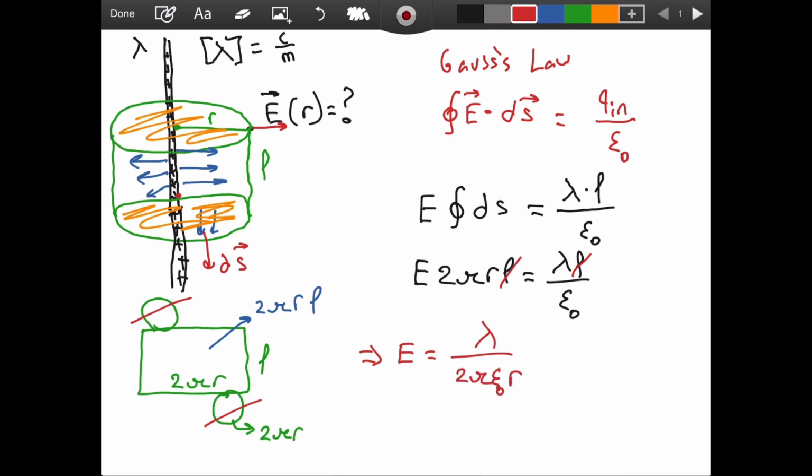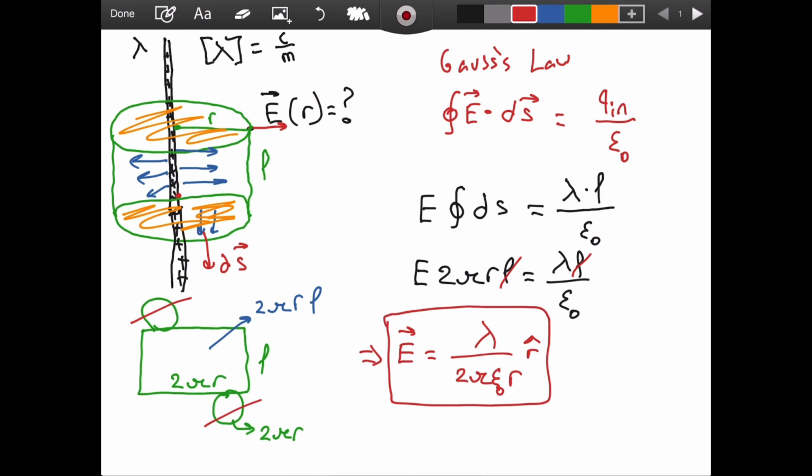Of course, this is the magnitude of our electric field. If we are interested in its direction as well, in the vector form, we would put a vector here and we would need to denote direction. To denote direction, we will say that it is in the radial direction. We put an r hat there, and this is our final answer.